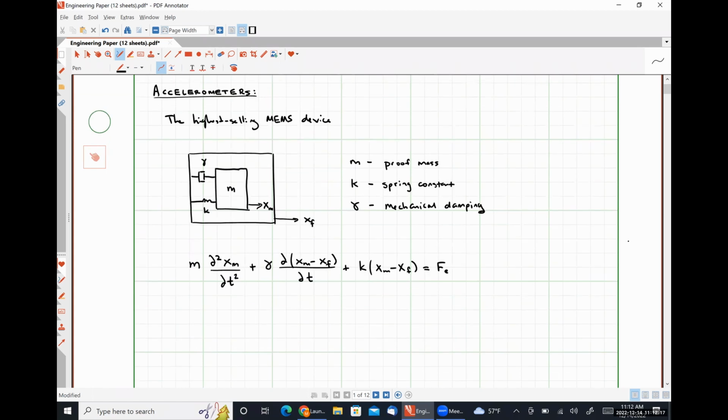Okay, so just to write these things down, Xm is the mass displacement. Xf is the frame displacement.